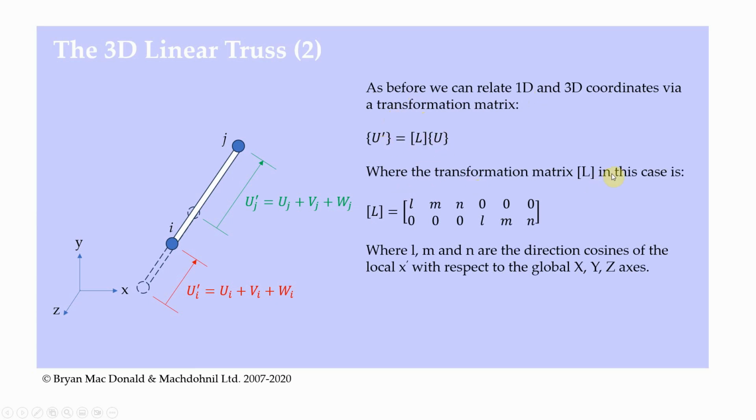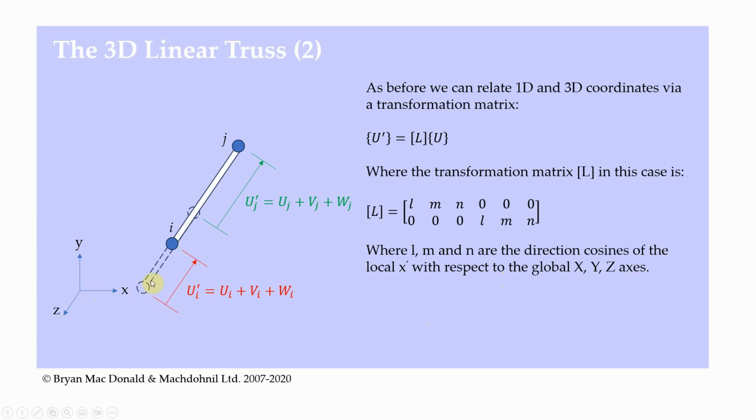In this case, the transformation matrix, because it's 3D, has 6 columns and 2 rows. We've got 2 nodes, so 2 rows, and 6 columns because we have a u, v, and w for each of the 2 nodes. L, m, and n are the direction cosines of the local x-axis with respect to the global x, y, z axes.